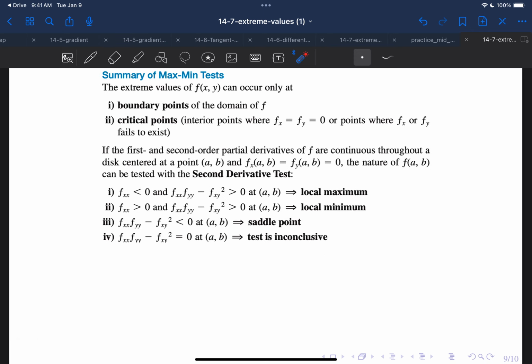Now our question is, given a function f(x,y), how do you find the local extremes or otherwise the saddle points? There is a systematic way we can explore those special points. First, we want to list all candidate points for local maximum, local minimum, and saddle point.